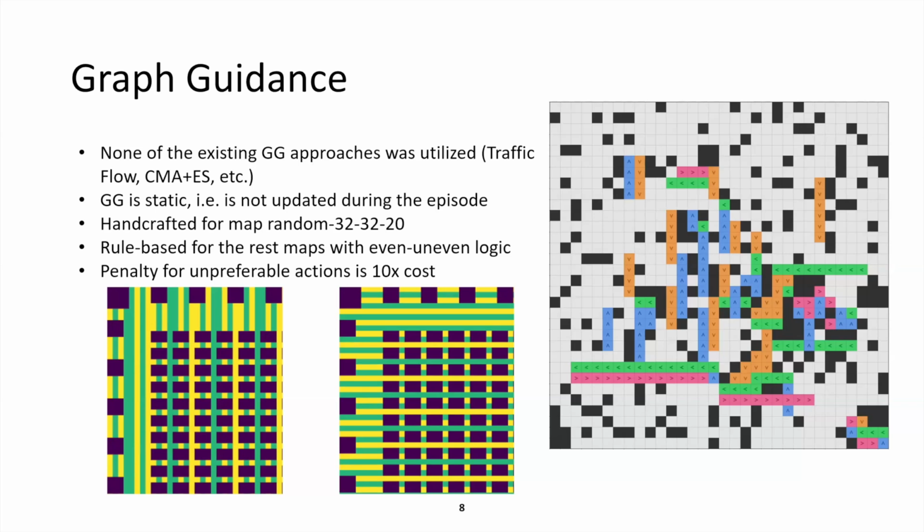We have made a handcrafted graph guidance for the random map, as it's quite small and half of the instances were evaluated on this map. And for other maps, we have made a simple rule-based graph guidance. Some examples you can see here on the slide. And actions that are not preferable have a 10 times higher cost.